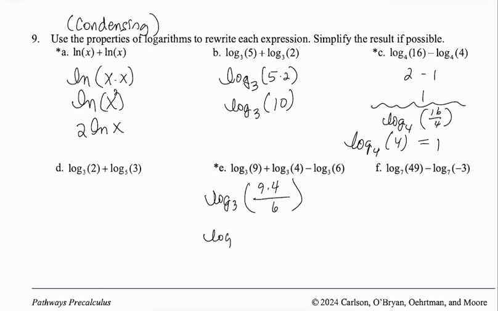Divide that by 6. 36 divided by 6 is 6. Now, 6 does have a 3 hiding in there, but it's not super helpful for us to do anything with it at this time because it isn't a perfect power of 3. So I would just leave it. There will come a time where we'll do something with that, but for now, just leave it.